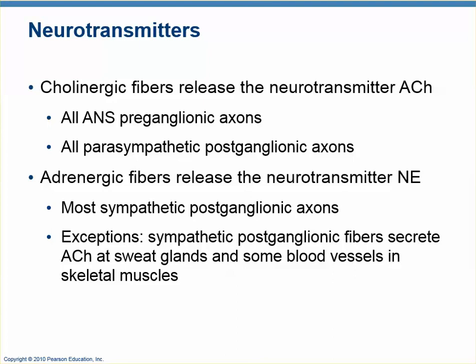The adrenergic fibers release epinephrine. Adrenaline is where this word comes from. Epinephrine, adrenaline, same thing. So it's the sympathetic postganglionic axons, with a couple of exceptions.